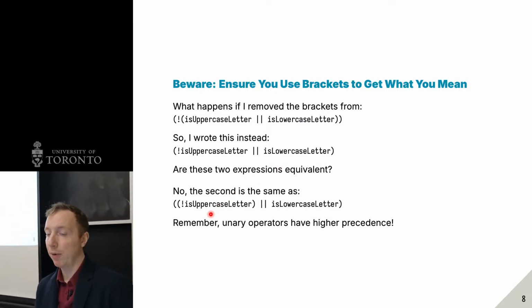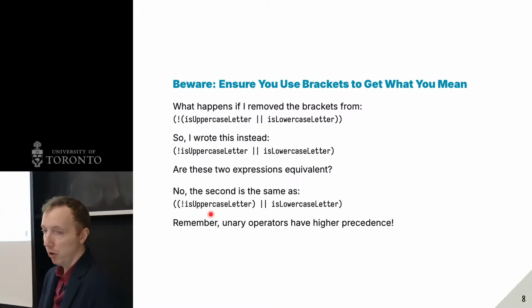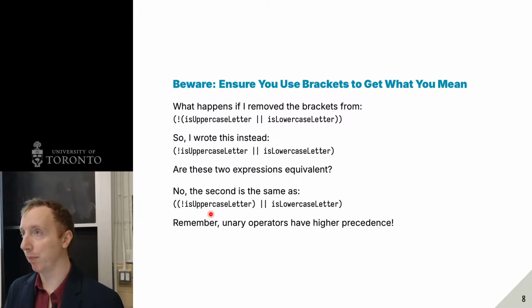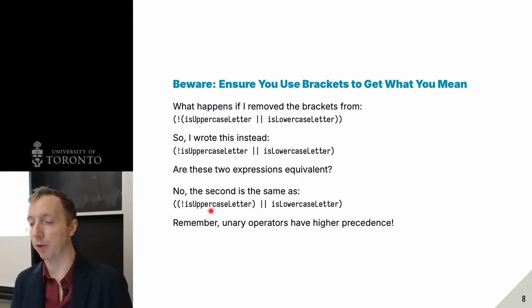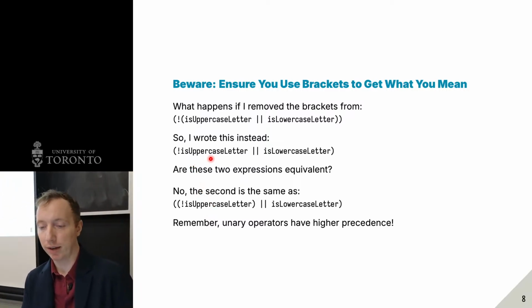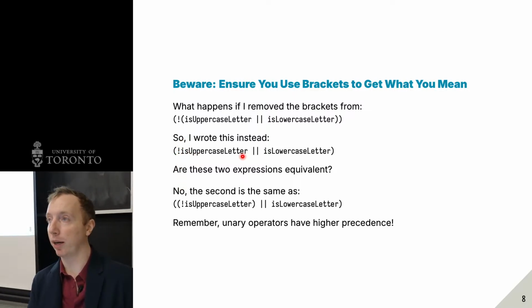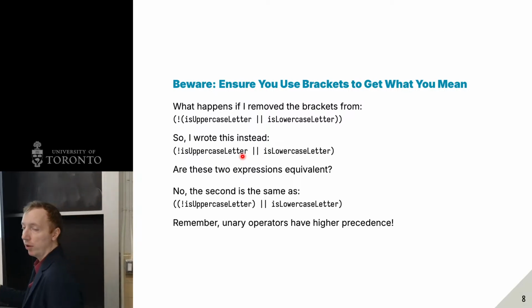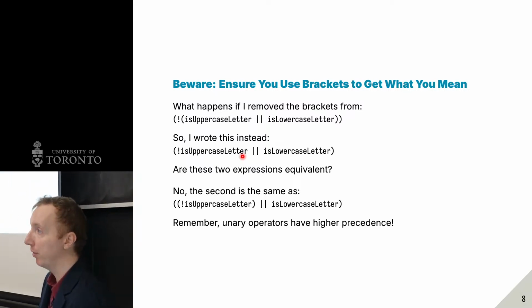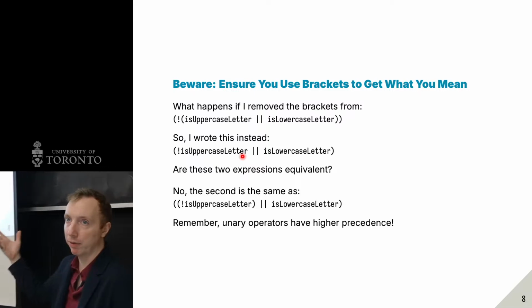So if I wanted to be explicit about it, knowing all the precedence rules, which again is why I say you should probably use brackets if you don't want to remember them, this example is exactly the same as if I put brackets around not uppercase letter, because all the unary operators have a higher precedence, aka they're done first, kind of like exponents.